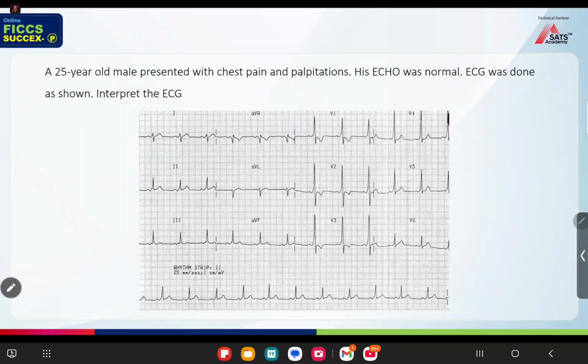If we can see in the lead, there is an overlapping of this P on T phenomenon. P on T. No, sorry. Any comment on this?